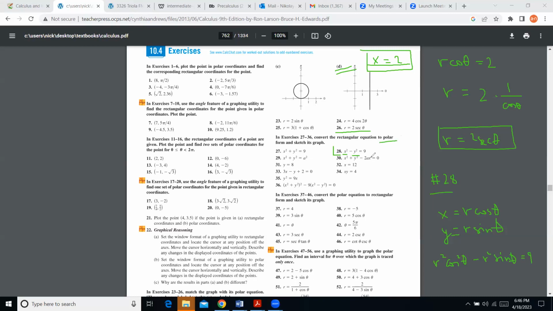But of course, sketching the graph is definitely not a good idea in these coordinates, because that'd be pretty crazy. x squared minus y squared equal to 9 is a hyperbola. And to write this in the more familiar form, I need to have 1 on the right side, right?